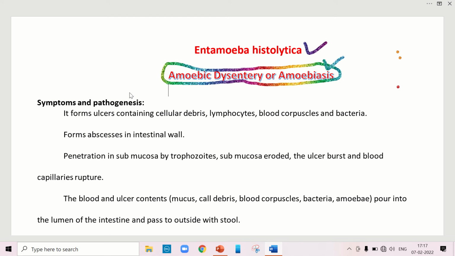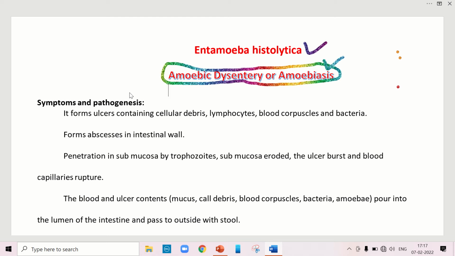They can live in the lumen of the large intestine of man, and they can invade or eat the intestinal wall and make their way deep into the submucosa.